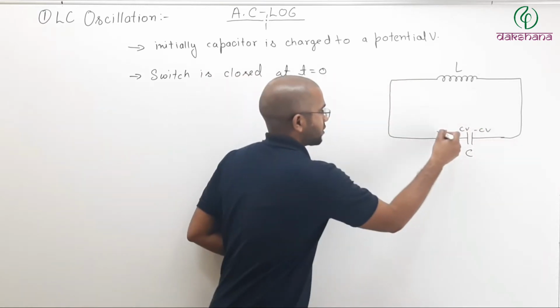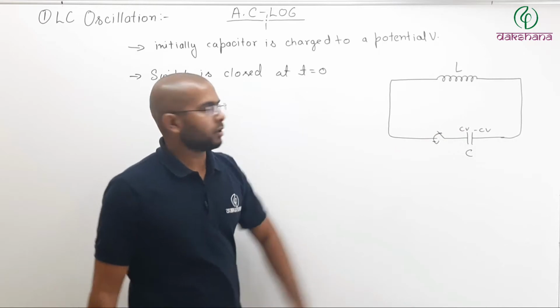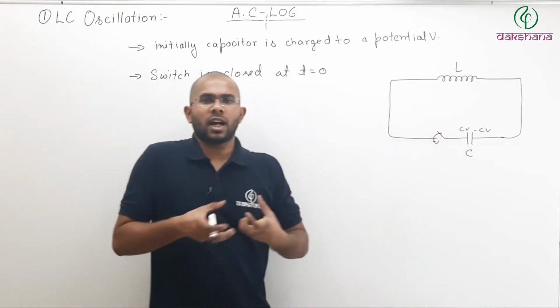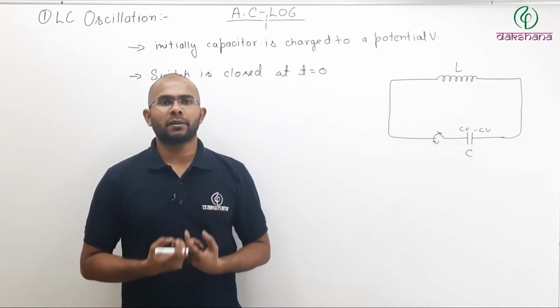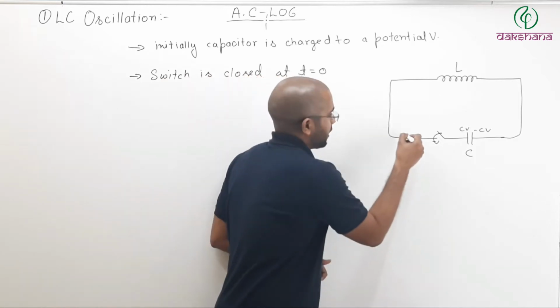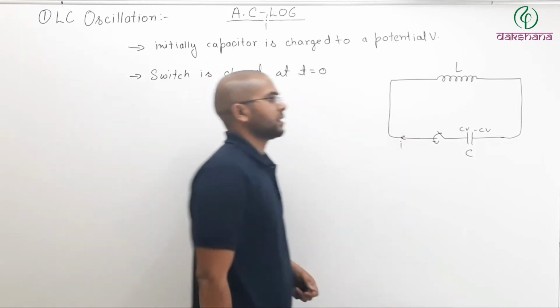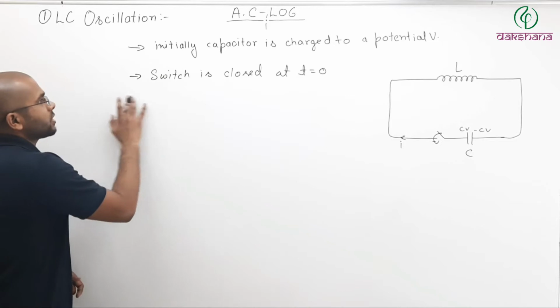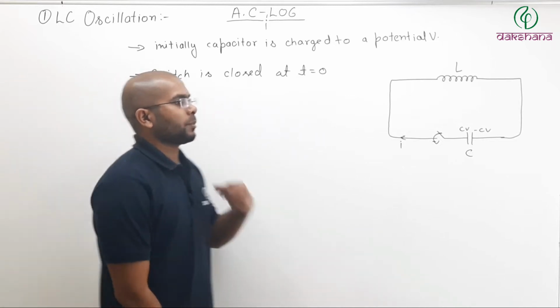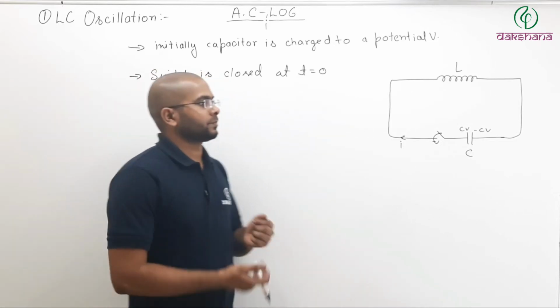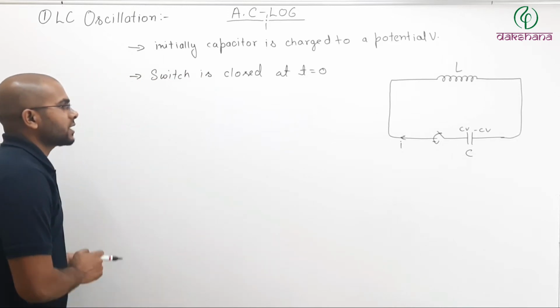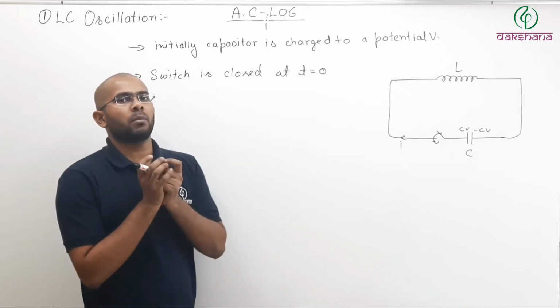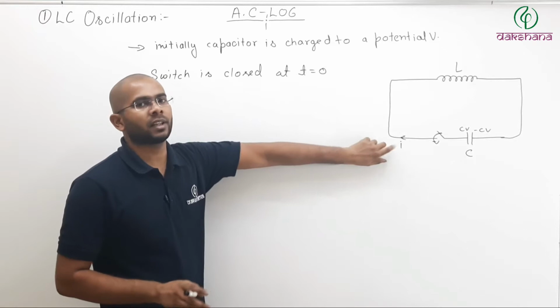And if I close this switch, the capacitor is already charged, so the capacitor will work like a power source and will try to establish a current in this circuit. So when this switch is closed at t equals 0, the capacitor starts discharging and tries to establish a current in this circuit.